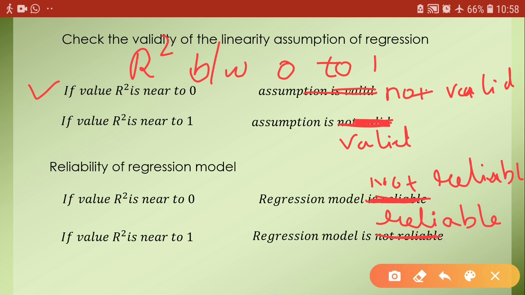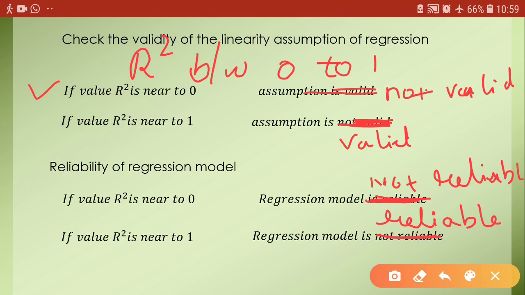Now what is near to 0 and what is near to 1? It is practically understood that 0.1, 0.2, 0.3, 0.4, everything is near to 0, and 0.6, 0.7, 0.8, 0.9, everything is near to 1. Some students get the question in their mind, sir, what if the answer is 0.5?